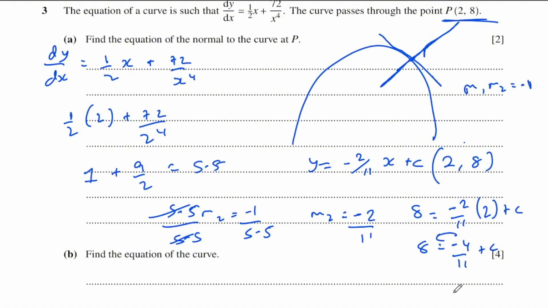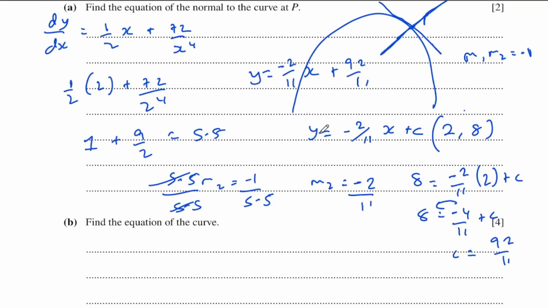Take this to the other side. c would equal 8 plus 4 over 11, which would be 92 over 11. So c equals 92 over 11, and then we can get our equation, which is going to be y equals negative 2 over 11 x plus 92 over 11, and that's going to be your answer.